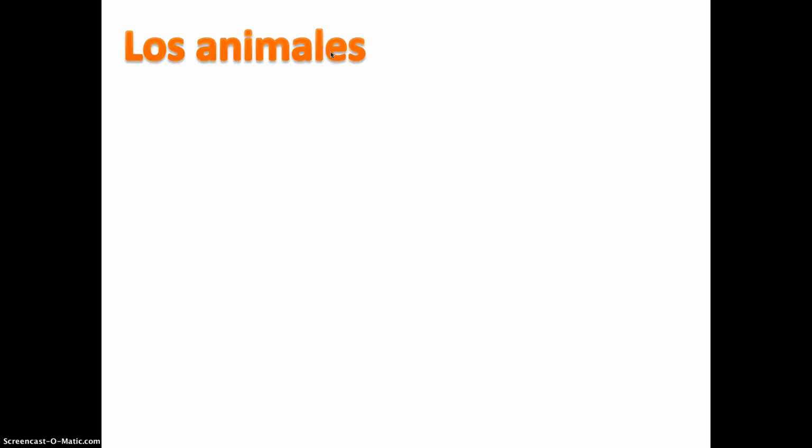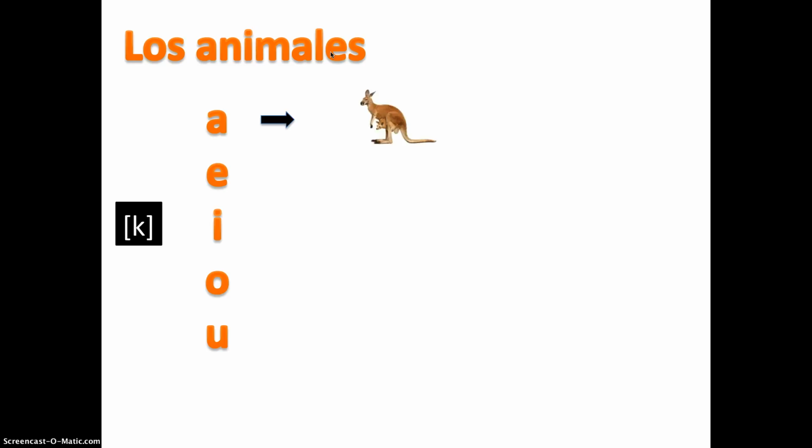We're going to continue with our theme of los animales as before and recap our 5 key vowel sounds A, E, I, O and U, and we're going to start to now combine them with the sound K, so we end up with ka, ke, ki, ko, ku. Okay, our first animal then we have is un canguro. Our second one is un arenque.